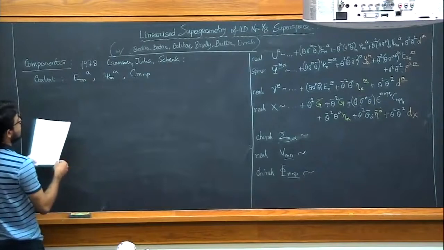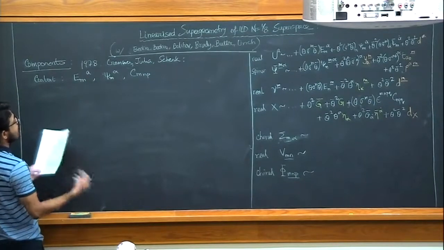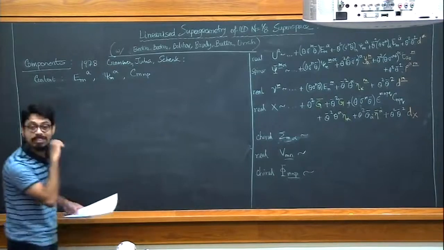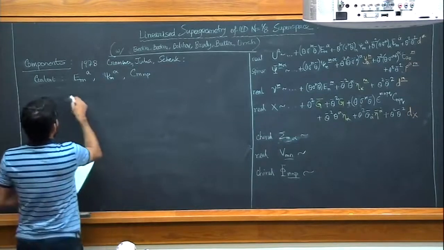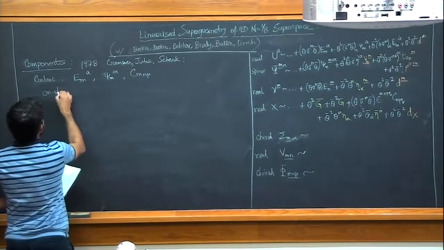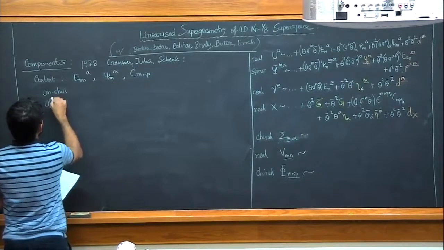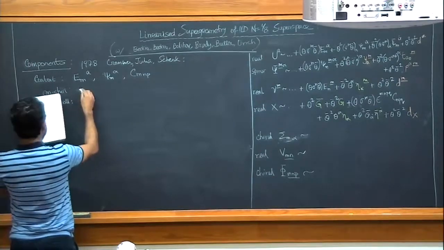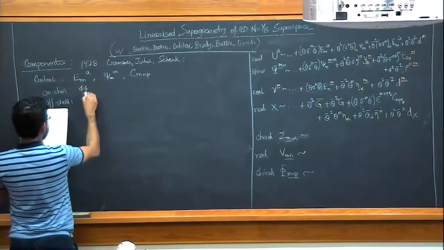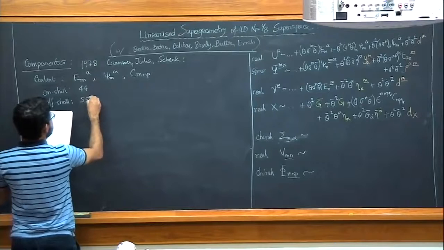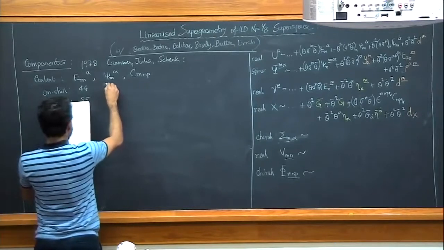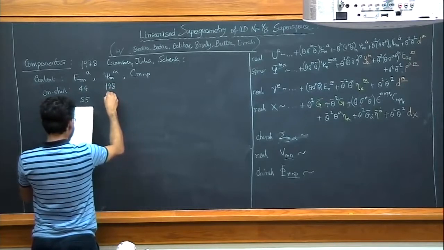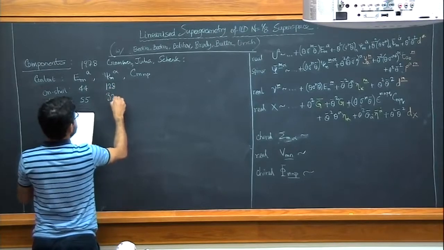So before I go into writing down the symmetries and the action, let me do a simple count of how many degrees of freedom these fields have. So on shell and off shell, these quantities have these many degrees of freedom. You can do a simple count. This is 44 and 55. This has 128 on shell and 320 off.